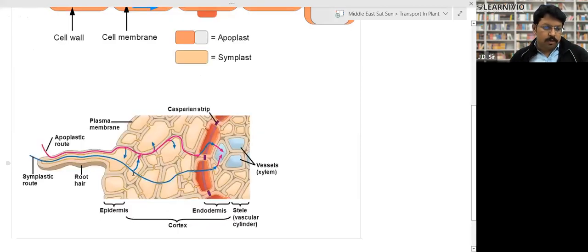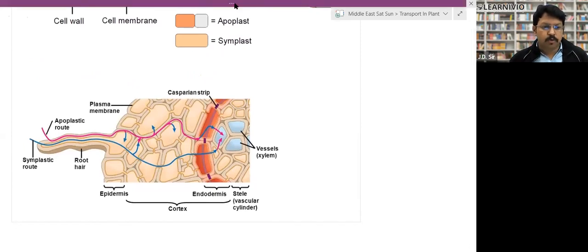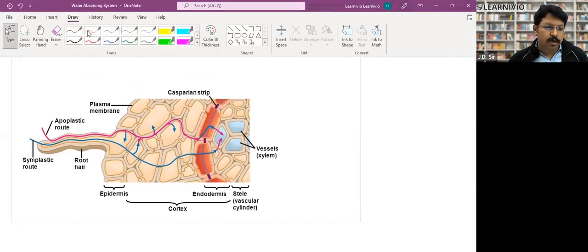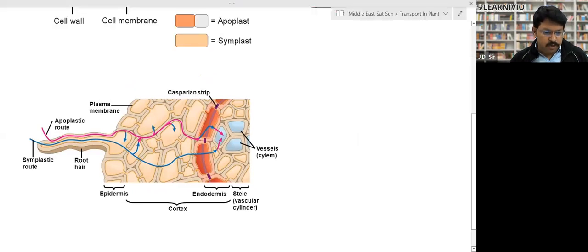The outermost part of the root is made up of root hairs, and this part is called epidermis. The elongations of epidermal cells are root hairs, which are just outgrowths of the epidermis. Then between the epidermis and the vascular bundle is the cortex. The last layer of the cortex is the endodermis. Inside the endodermis there is the stele, or vascular cylinder, which contains the xylem and phloem. These are the xylem vessels, right?